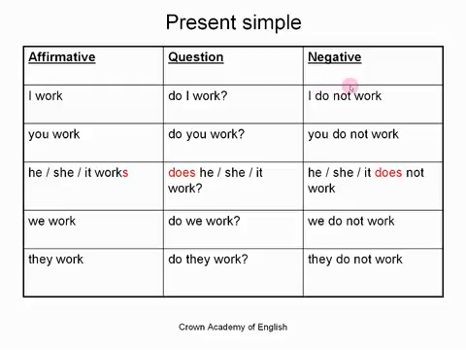So the do not goes between the subject, which is I here, and the verb. And we use the infinitive form of the verb for all of them except the third person singular, except the he, she, it form. Okay, so let's go through them again. So the I work becomes I do not work.